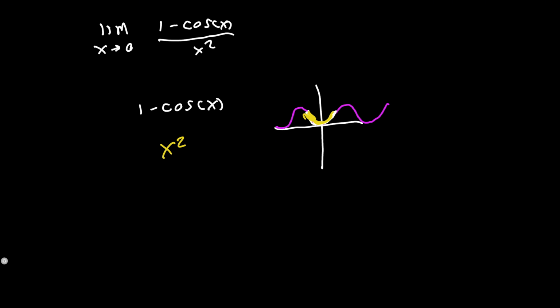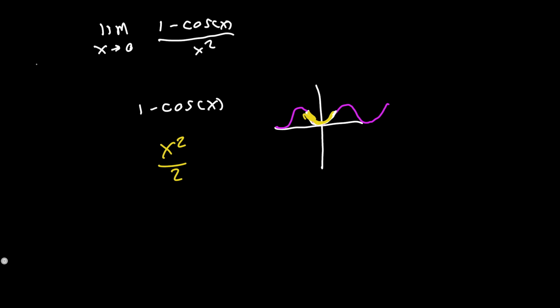It's a bit more difficult to say what it is asymptotic to, but we could say that it is x squared over 2, because if we just have x squared and plug in some values for x, we're not going to get close values, but if we divide it by 2, we're going to get close values for 1 minus cosine of x.